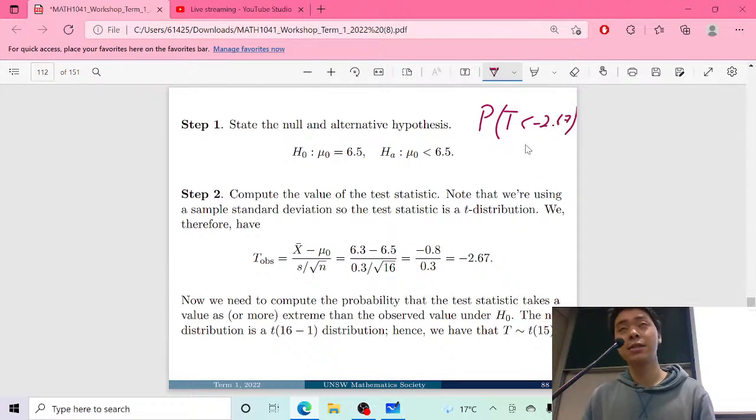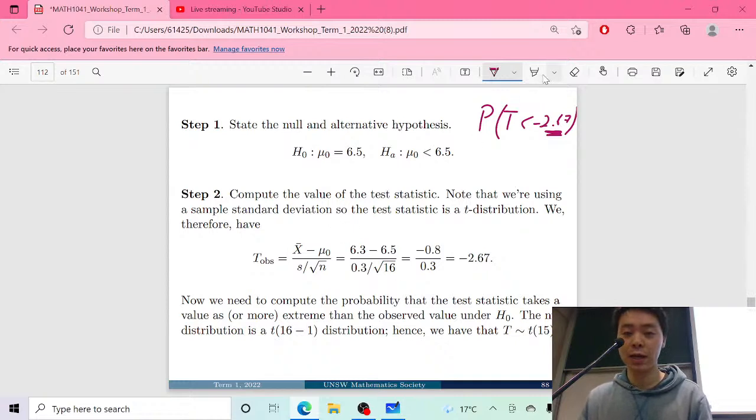And so what we can say is that if the probability is really, really small, that means minus 2.67 is probably more extreme than any other observations that we can make, and therefore this number here is less likely to happen, and so we can reject it. And that's the whole idea why we reject it for smaller and smaller p-values.